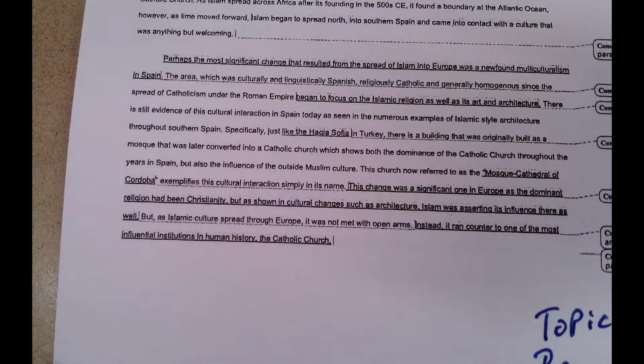There's still evidence of this cultural interaction in Spain today, as seen in numerous examples of Islamic-style architecture throughout southern Spain. Specifically, just like the Hagia Sophia in Turkey, there is a building that was originally built as a mosque that was later converted into a Catholic church, which shows the dominance of the Catholic Church throughout the years in Spain, but also shows the influence of the outside Muslim culture.